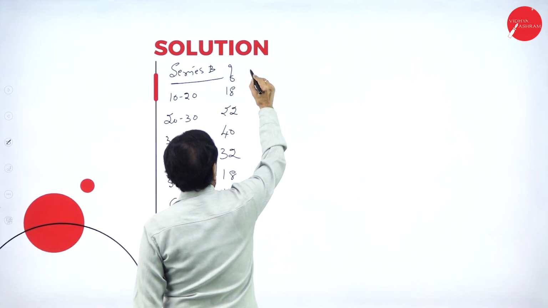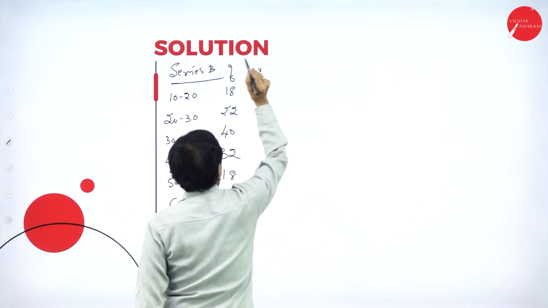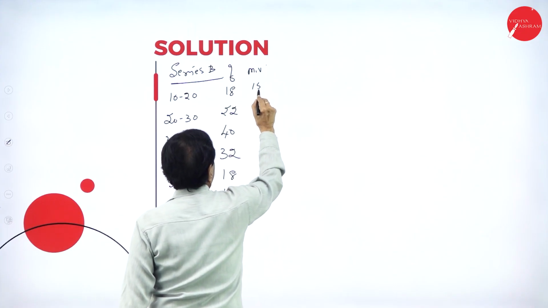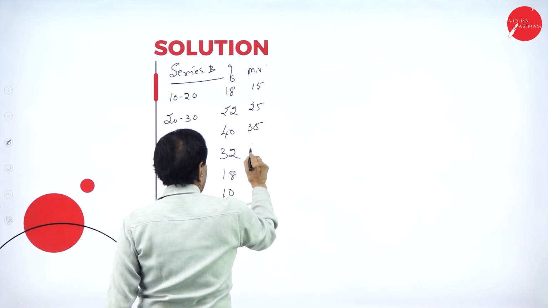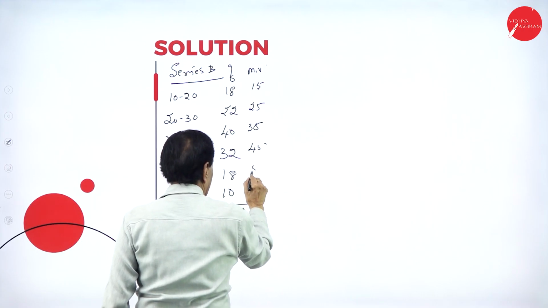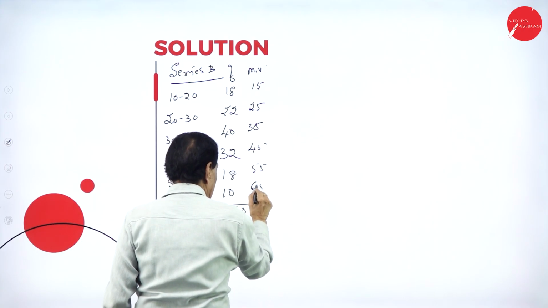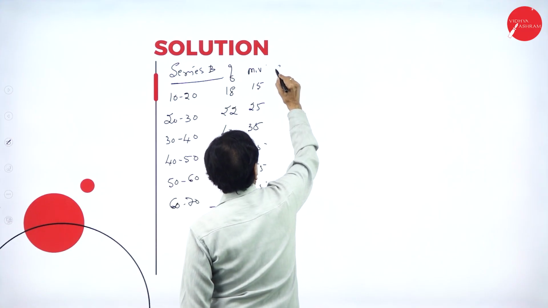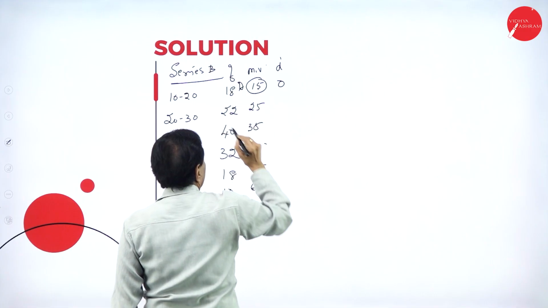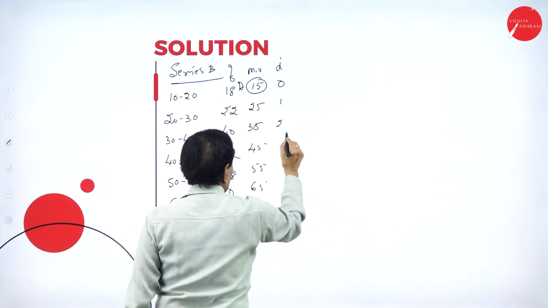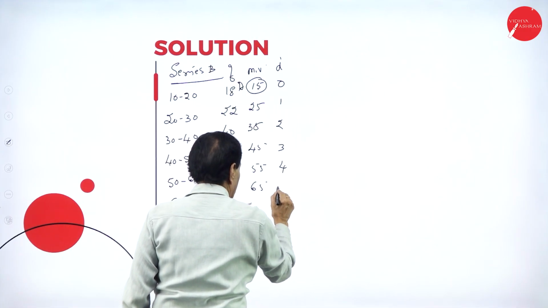Now, mid values: 15, 25, 35, 45, 55, 65. Next step, d dash, assume 0. This is an assumption: assume 1, 2, 3, 4, 5.